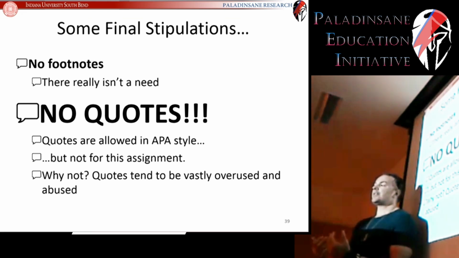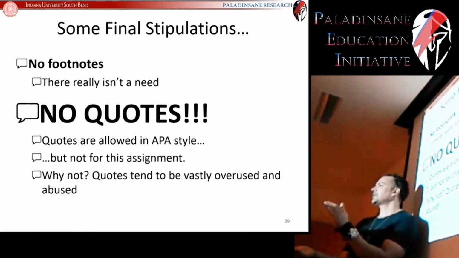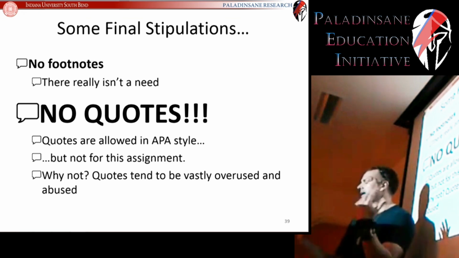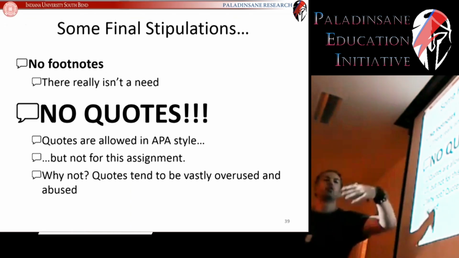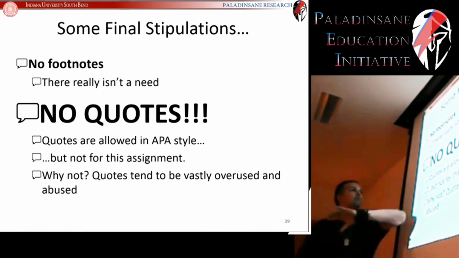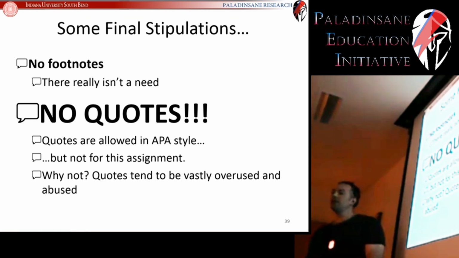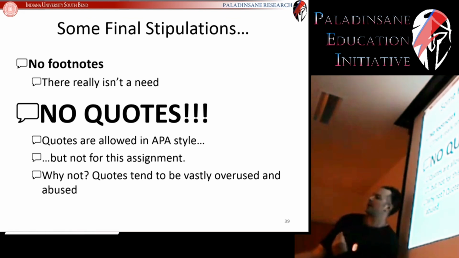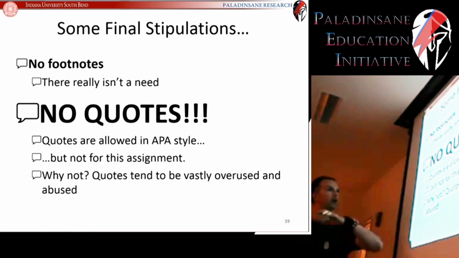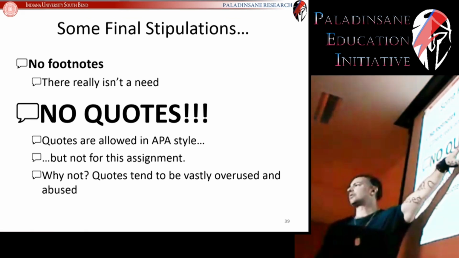So I end up with 98% quoted material, 2% of their own writing, and that's not learning how to write, that's not growing in your abilities. It's hard to say, well, you can have 8% of your text quoted, it's just too hard. So for this, no quotes.